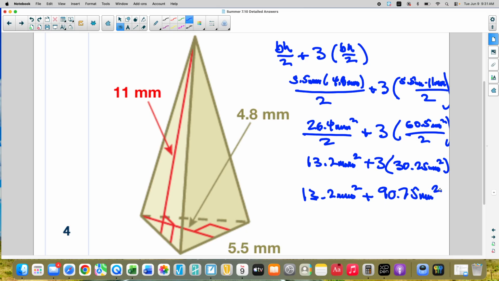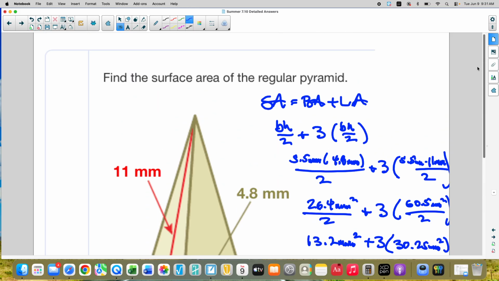Let's add that to 13.2, which gives us a grand total of 103.95 millimeters squared. Are we rounding?